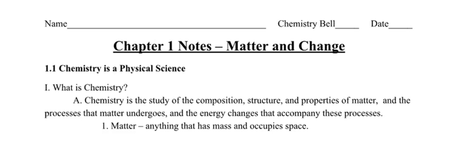So what is chemistry? Chemistry, again, is the study of the composition, the structure, and the properties of matter, and the processes that matter undergoes, and the energy changes that accompany these processes. We're going to revisit this definition again, and we're going to see something about composition and structure.